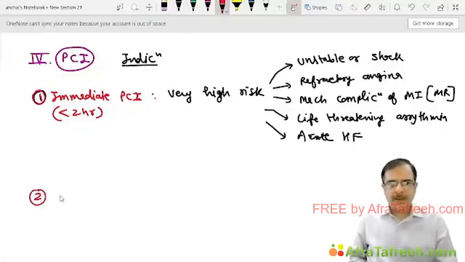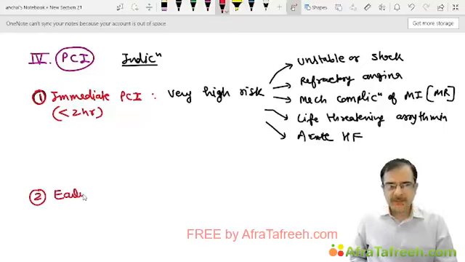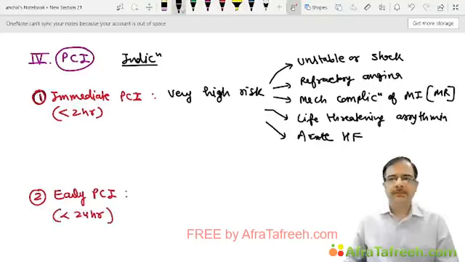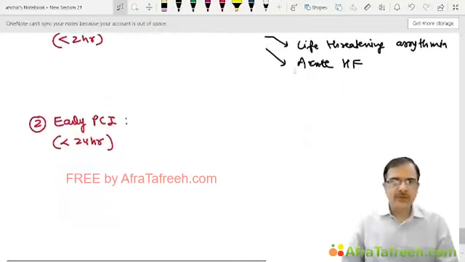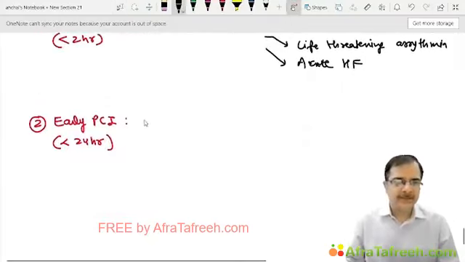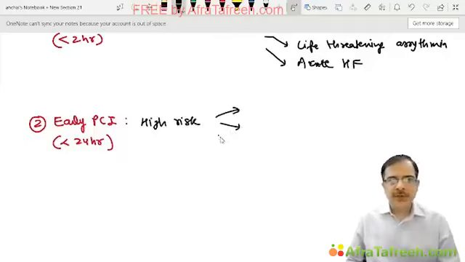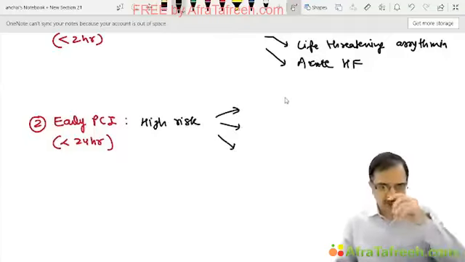Now the second option is early PCI, that means within 24 hours. Early PCI within 24 hours is done in high risk patients.